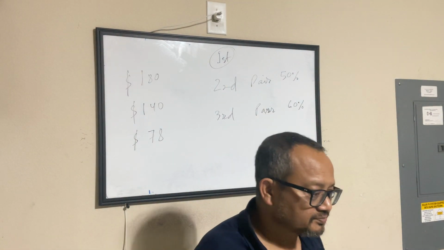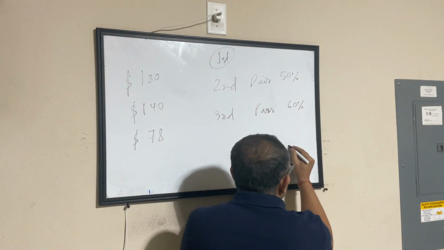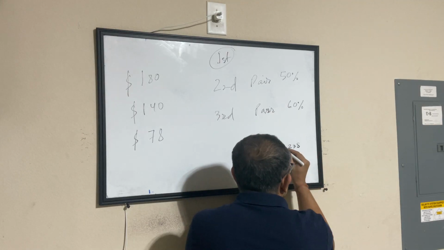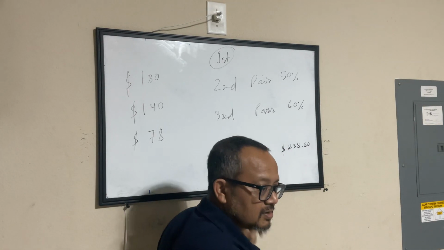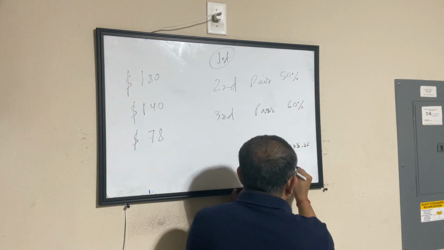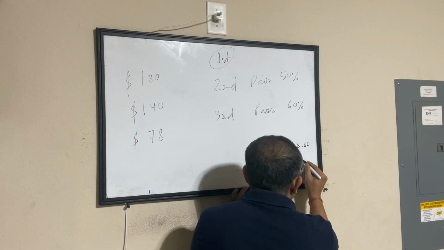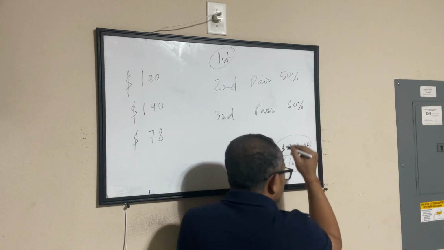Yeah, Nihan. So I got my discount as $238.80, and then I have to pay $161.20. So this is what you have to pay, and this is the discount that you got.